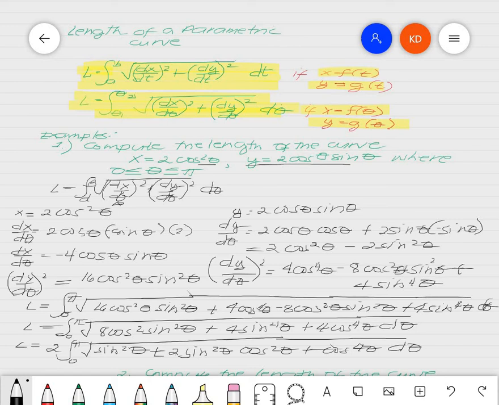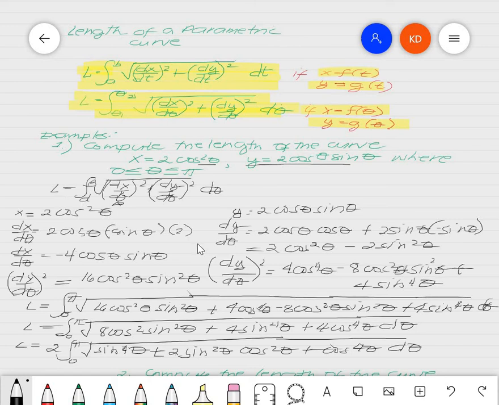So given that we already know that it could be simplified to the expression quantity cosine squared theta plus sine squared theta quantity squared, sorry, this is to the 4th.